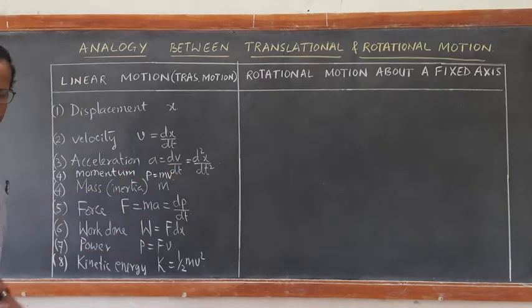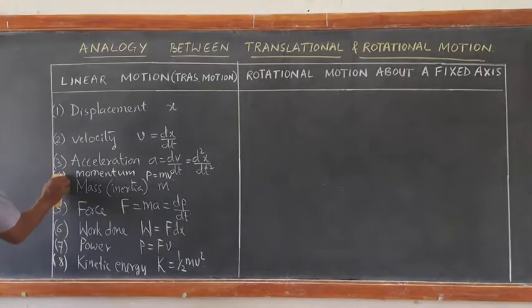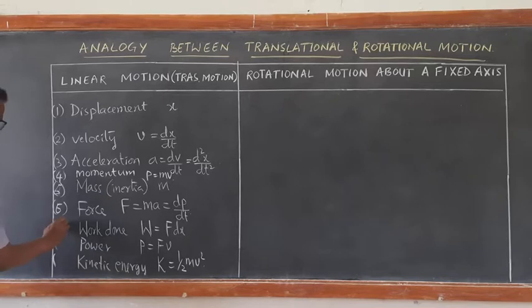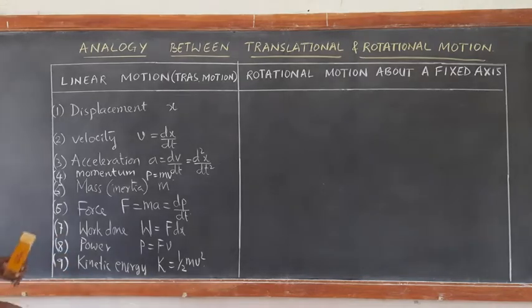So there are going to be 9 physical quantities, 4, this is 5, 6, 7, 8, 9. These are the physical quantities.